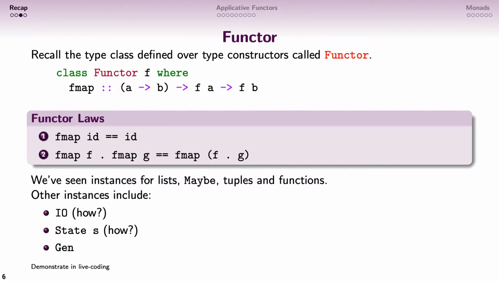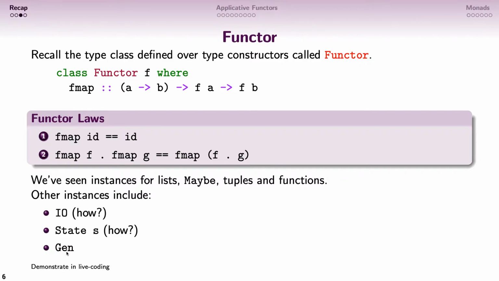So if you've seen gen before, but I would forgive you if you don't remember, because every time we've shown you gen so far, it's been, don't worry about this for now, we'll show you what it means later. So gen is the type of a quick check generator, right?